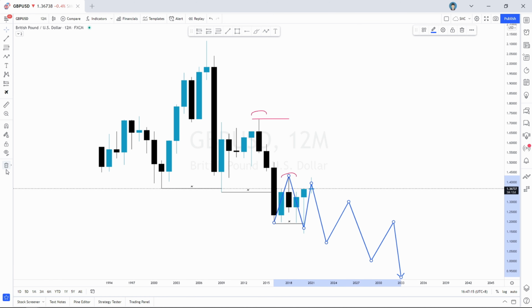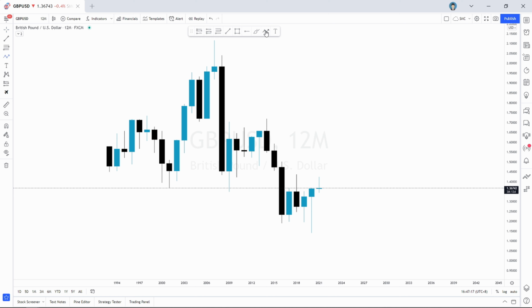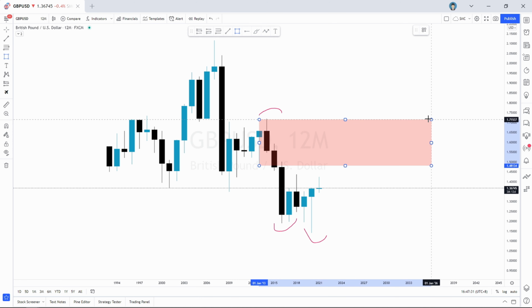So that's my current analysis on GU. I'm expecting more bearishness since we're creating lower highs and lower lows. Right now I'm still expecting price to possibly go higher from this point.